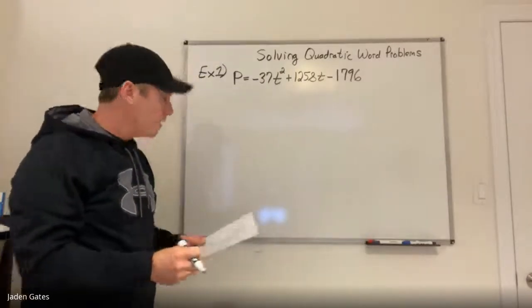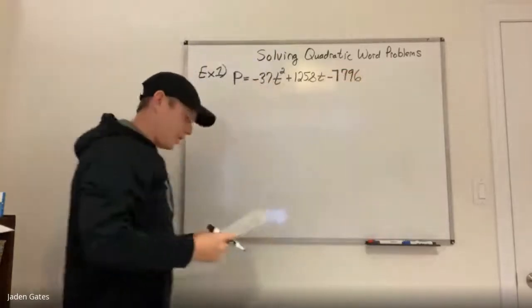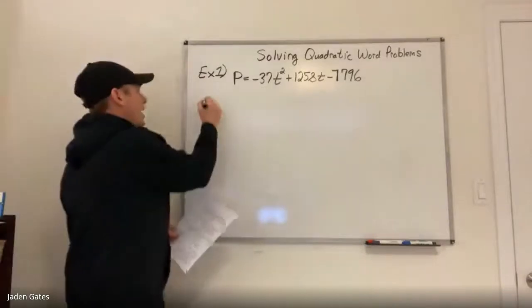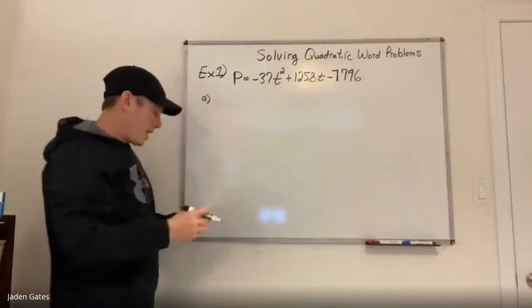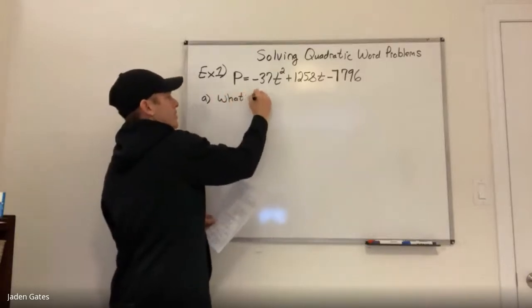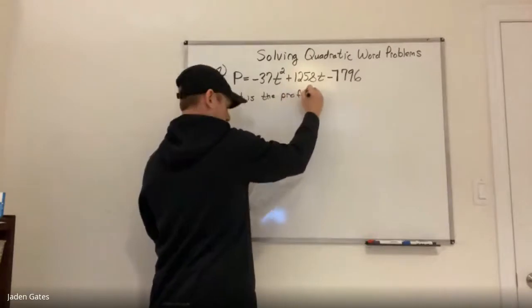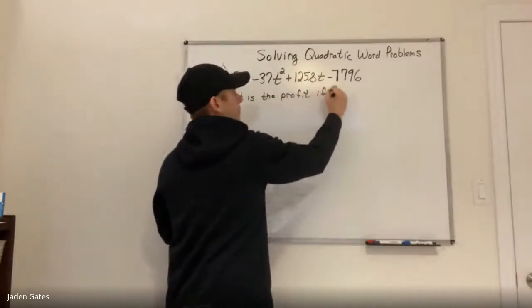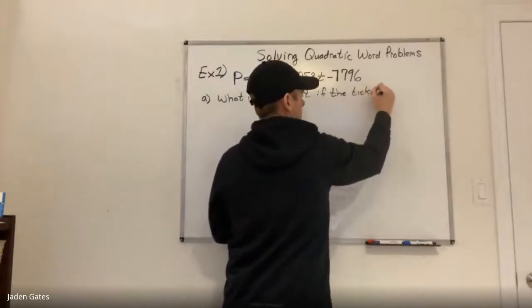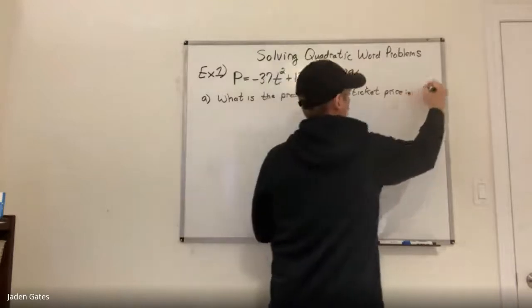Otherwise, yeah, it is 7,770. All right, now, A says, what is the profit if the ticket price is $5?